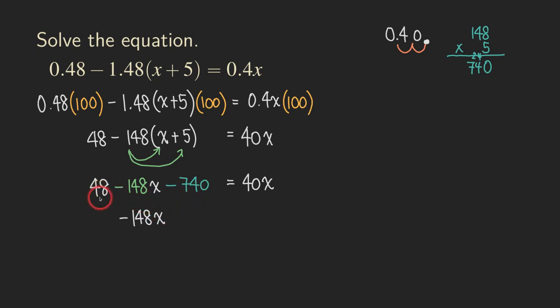So when we have different signs, we got to do subtraction. And so we are going to get minus, okay, 740 minus 48. So we are going to get negative 692. And then we have the 40x on the right hand side of the equation.